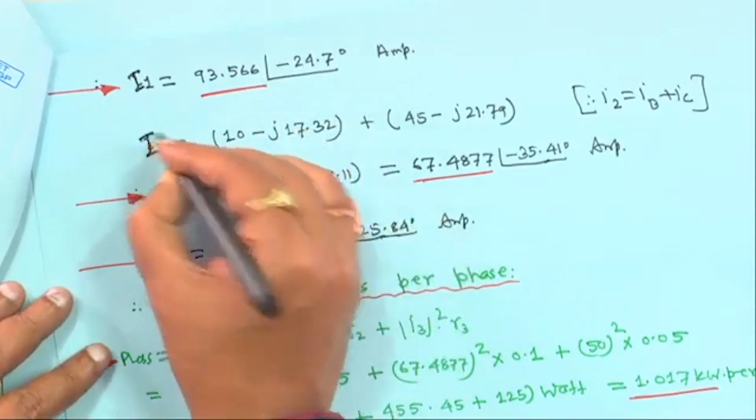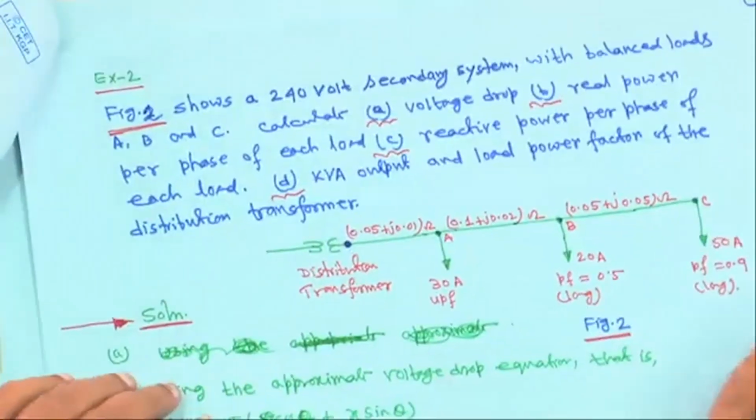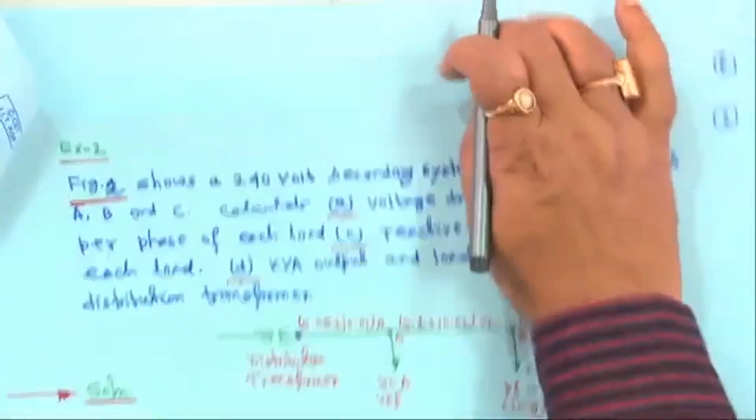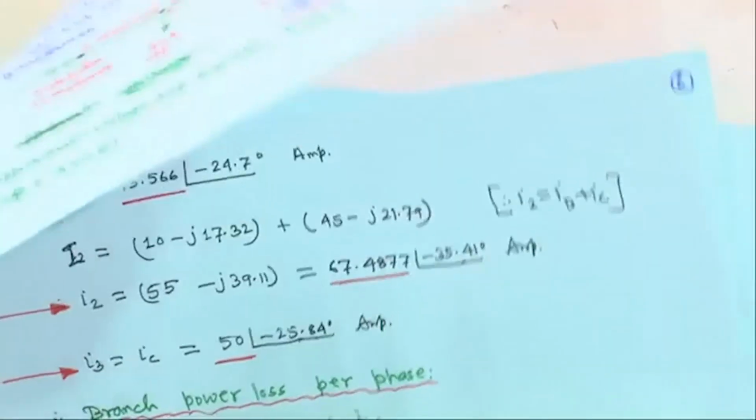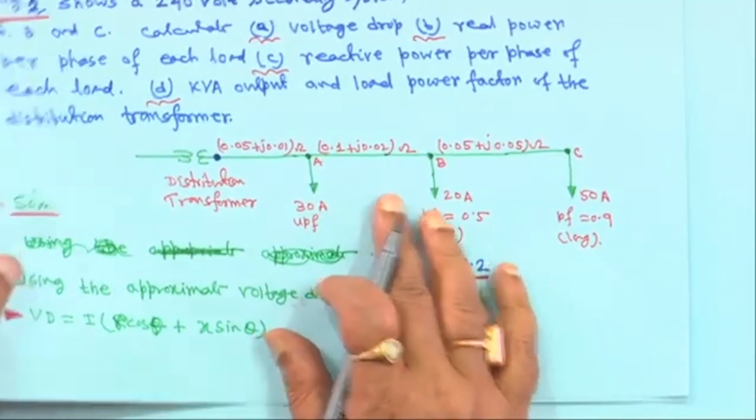Similarly, the current in branch 2. I1, I2 means this branch, so I should redraw this diagram, then things will be easier for you. Instead of spoiling this diagram, I am redrawing it for you.